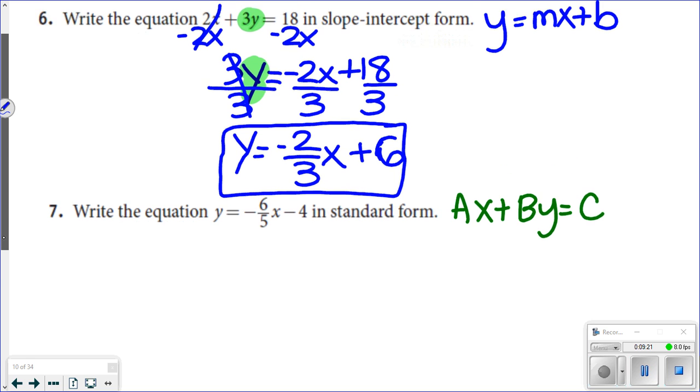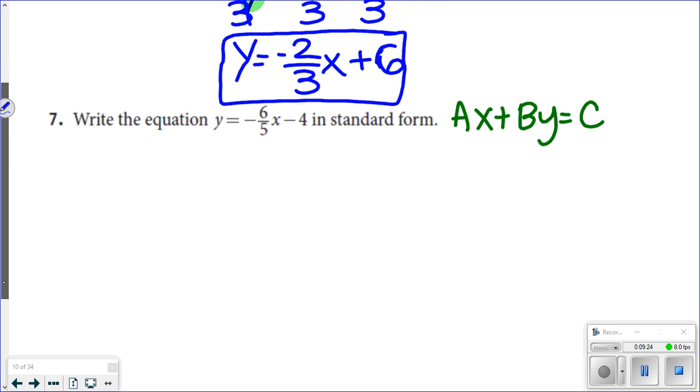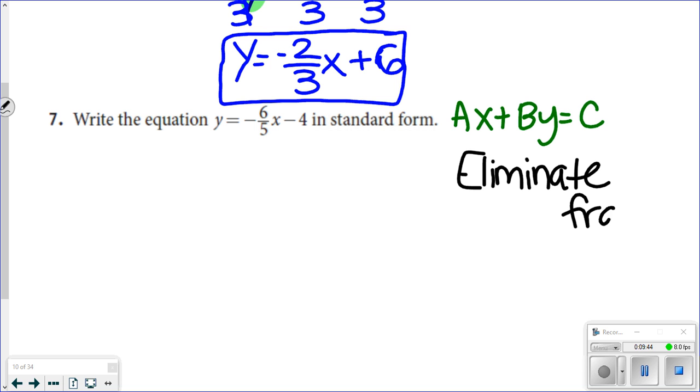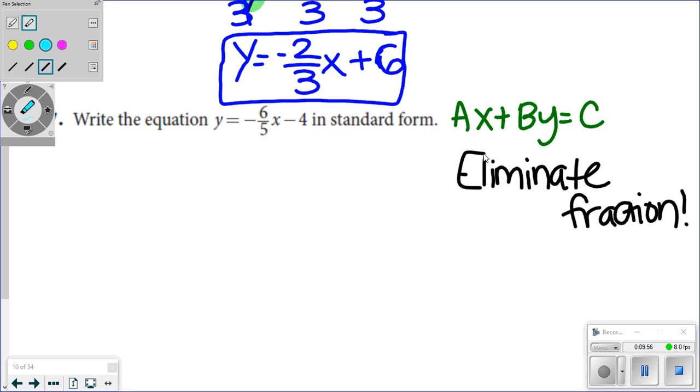Question 7, we're going to work the opposite direction. We could move the x first, or we could get rid of the fraction first. So it's totally up to you. But remember, a fraction is not allowed. So we need to eliminate it. How do we do that? Well, what's in the denominator?